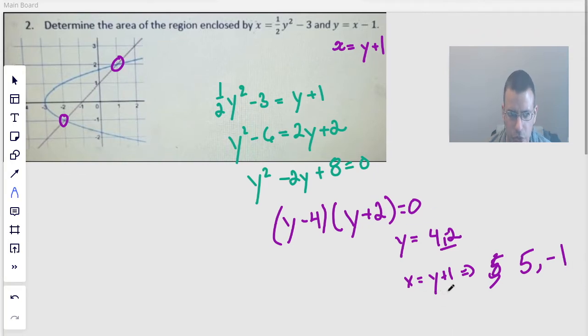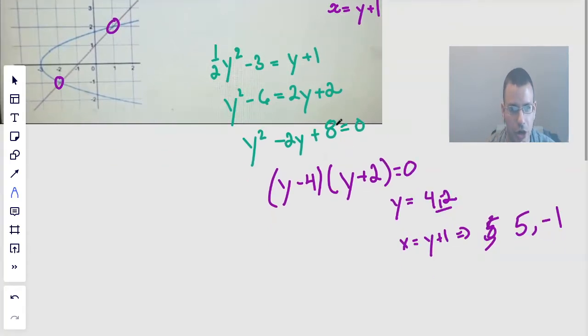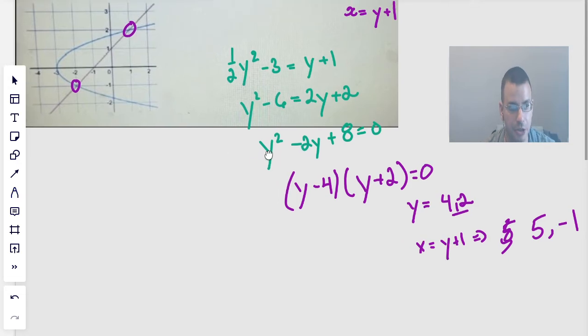Is that true? Yeah, that graph is totally wrong. Okay, so I think the shape of the graph is correct, but the intersection points are wrong. So we're going to use y equals negative 2 or 4. All right, so now we've got the two points.